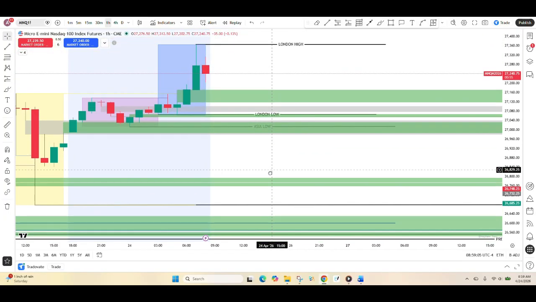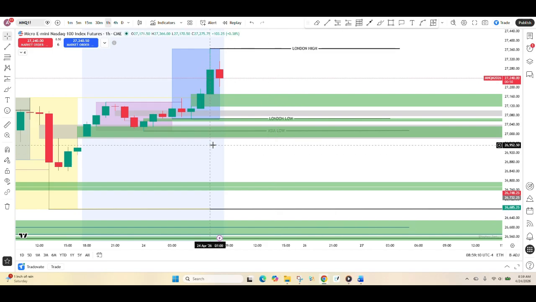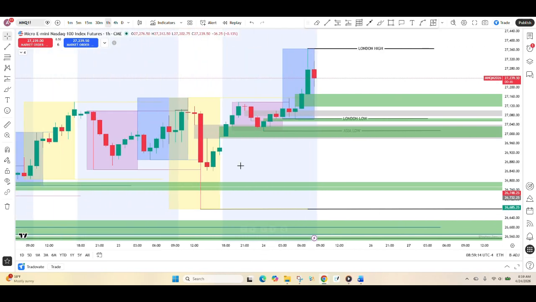Okay. So I'm going to go down to the, what's this? I don't know what that is, but it was obviously taken out by this candle, so I'll remove it also.